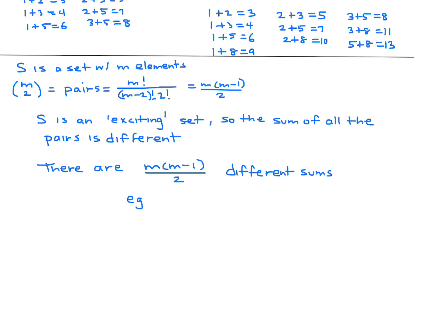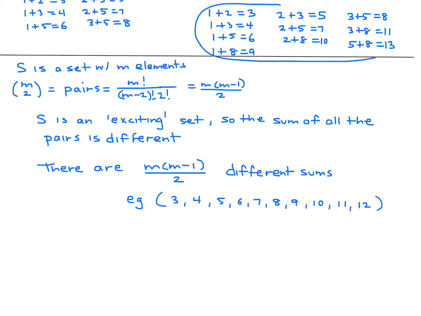For example, in this case, the lowest sum can be only 3, right? Because 1 plus 2 are the smallest possible numbers. So 3, 4, and then it goes all the way up until there are m times (m minus 1) over 2 different sums.